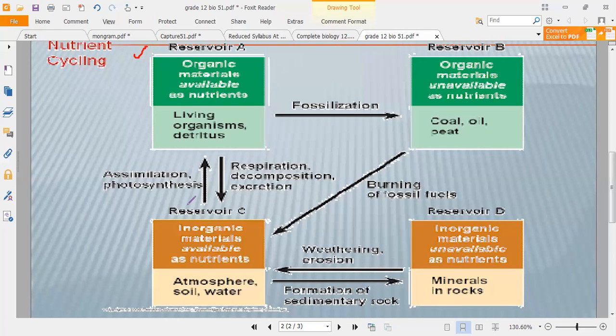So here in reservoir A, we see nutrients present in living organisms. They are organic material, available as nutrients in living organisms, and detritus, meaning waste form. When organisms feed and utilize them, they are consumed by detritivores. Detritivores means decomposers.